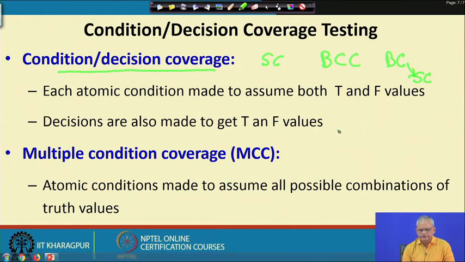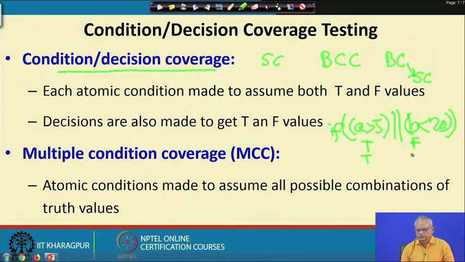If we have, if A greater than 5 or B less than 20, in that case our test cases should make this true, this false; this true, false; true and false; false, false.